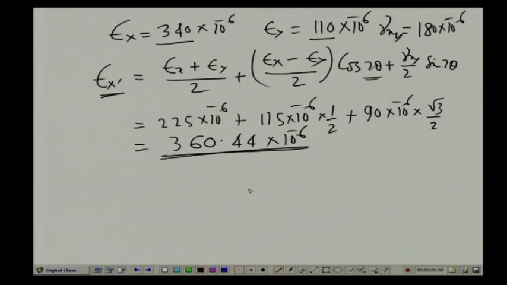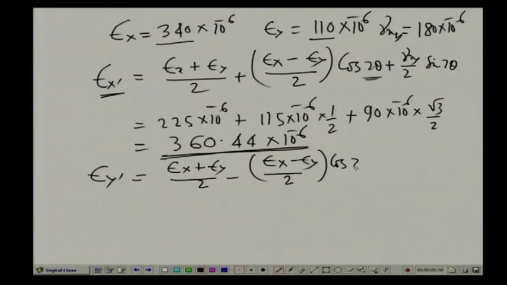Now, correspondingly epsilon y dash equals (epsilon x plus epsilon y) by 2 minus (epsilon x minus epsilon y) by 2 cos 2 theta minus gamma xy by 2 sin 2 theta, and if we substitute these values, this will come as 89.36 into 10 to the power minus 6.